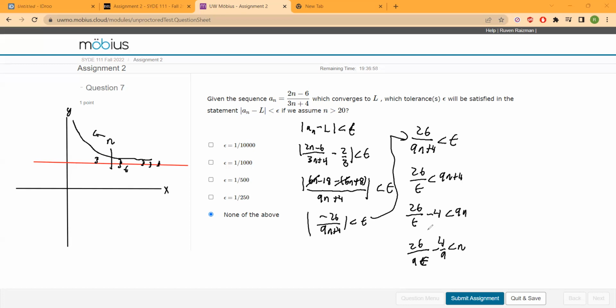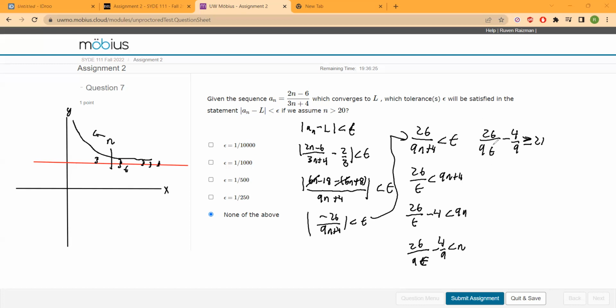I'm not explaining this well, but let me finish it, and then hopefully I can explain it better. So we're going to say that 26 over 9 epsilon minus 4 over 9 should be greater or equal to 21. And 21 again, because n always needs to be a whole number, so 20.3 would not work.